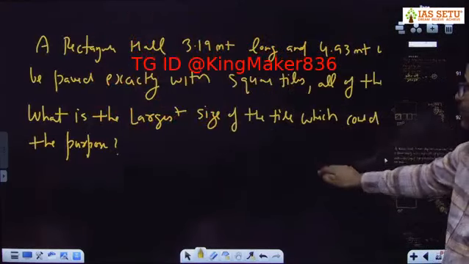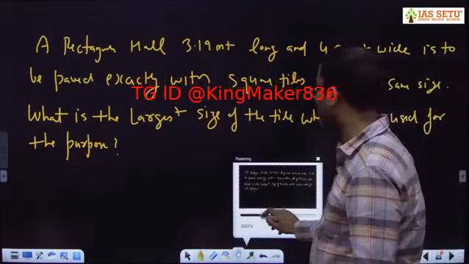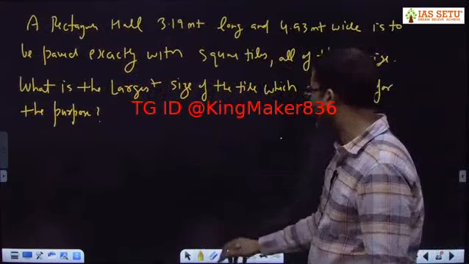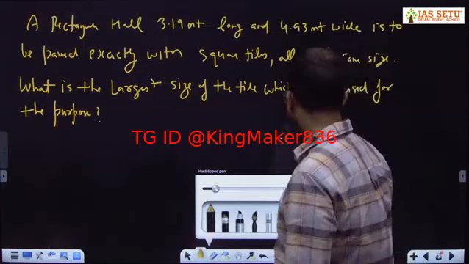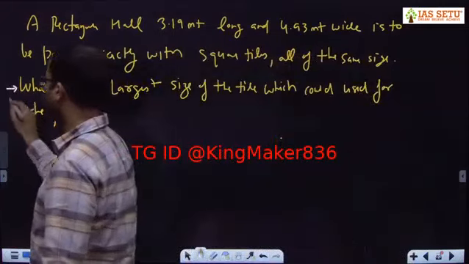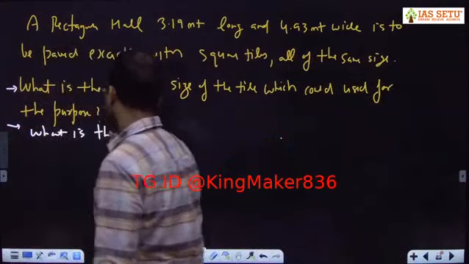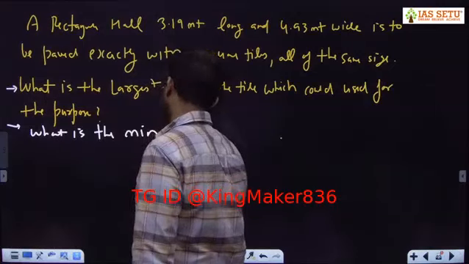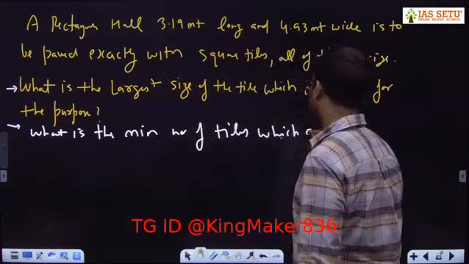A rectangular hall 3.19 meter long and 4.93 meter wide is to be paved exactly with square tile, all of same size. Question number 1, what is the largest size of the tile? Question number 2, इसी में ऐड कर लो. There is one more question, what is the minimum number of tile which are required for the purpose?